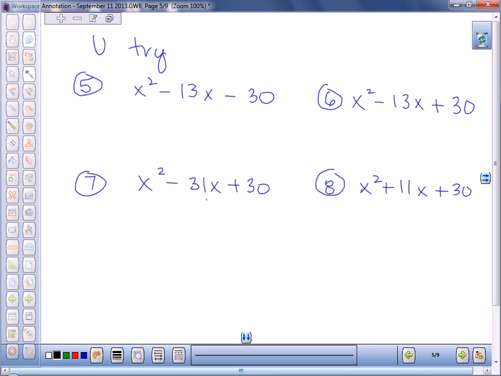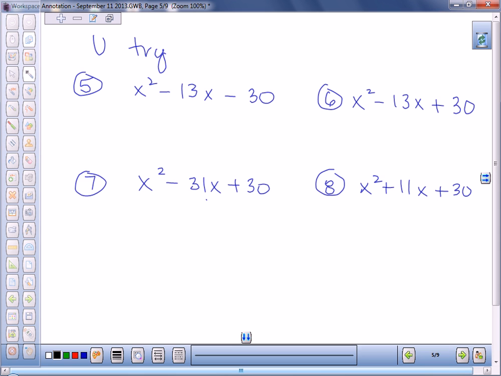15 and 2. Negative 15. That's the exact same. Oh, plus 30. Negative 10, negative 10.